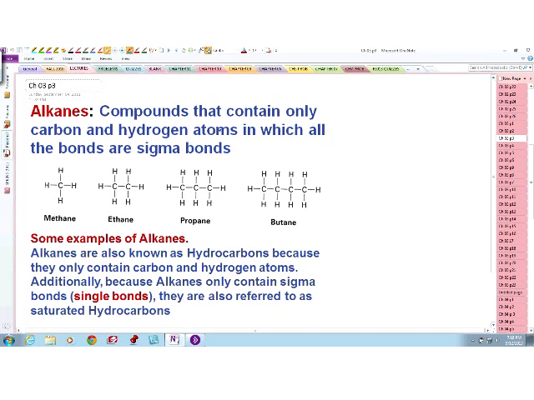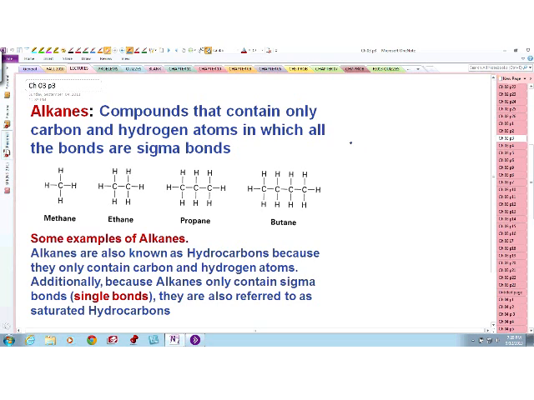Now the question is, what are alkanes? Very good.